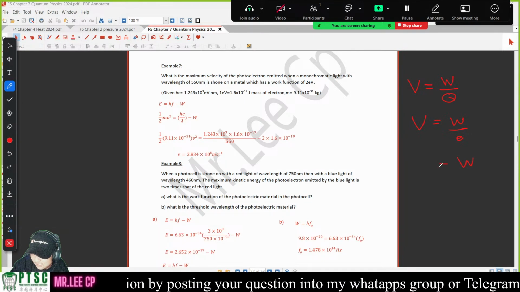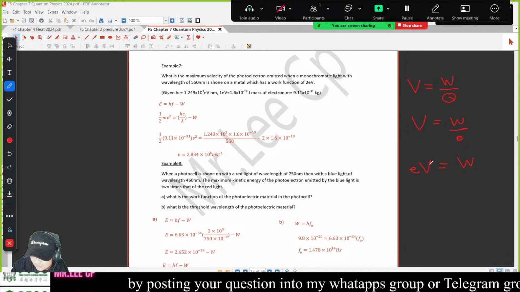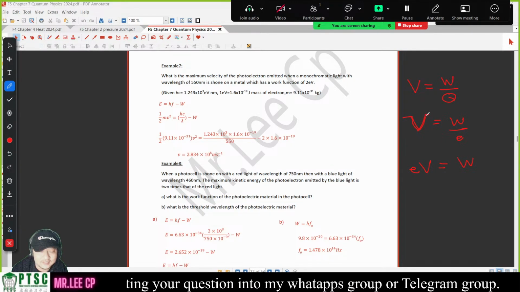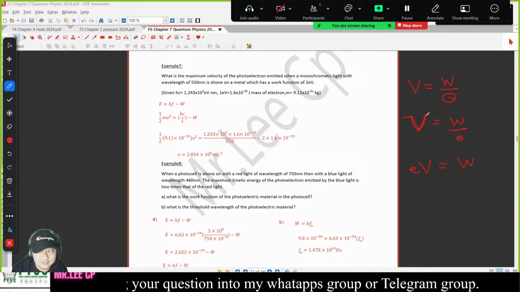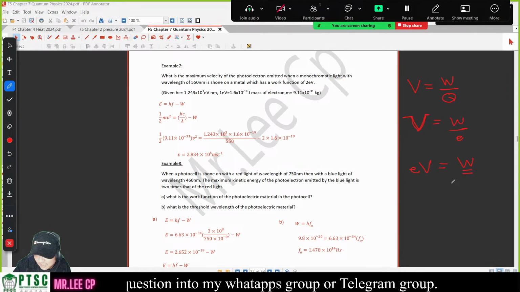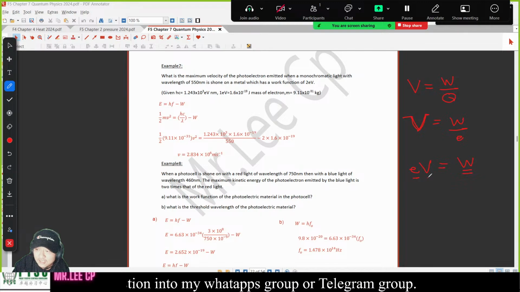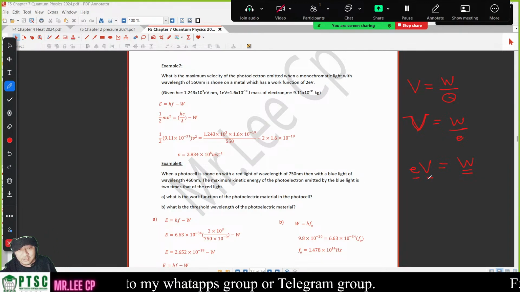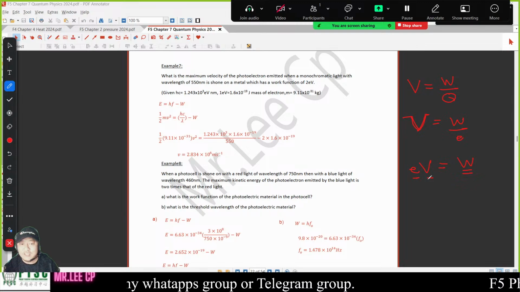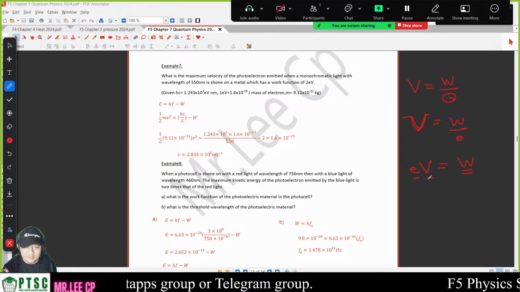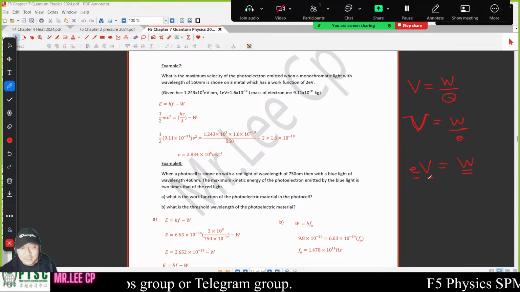Work done, this is energy, right? eV. So, how many eV? 5 eV, 20 eV, 15 eV. Easy to say, right? How many electron volts? 20 electron volts. But actually, how much joule is it?